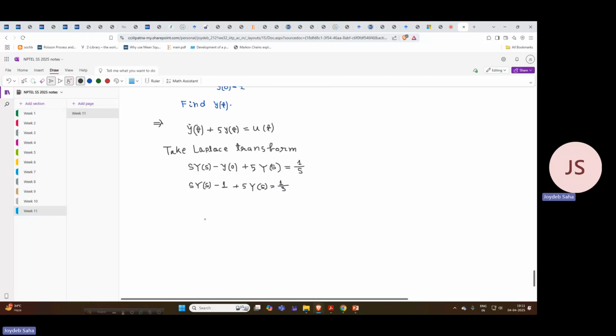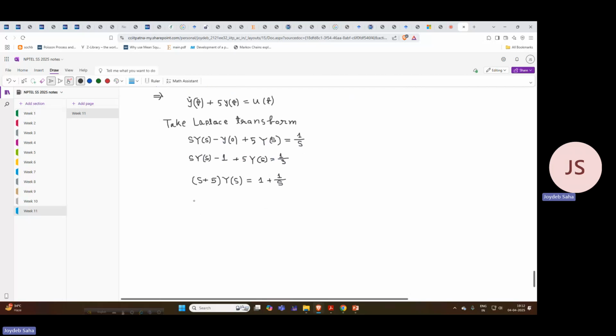Now, can we write it s plus 5 y of s is equal to 1 plus 1 upon s, right?